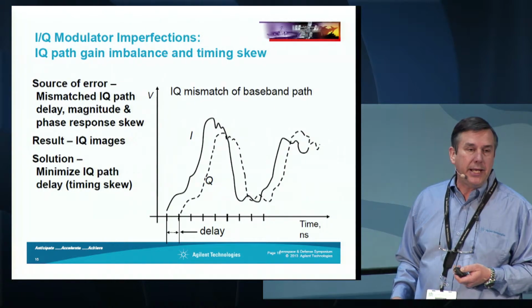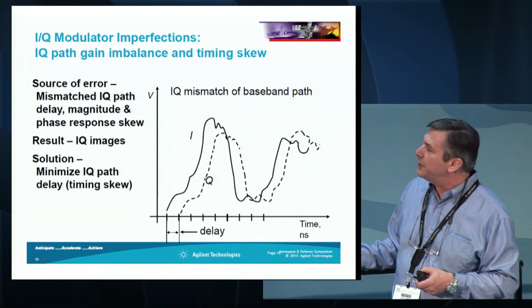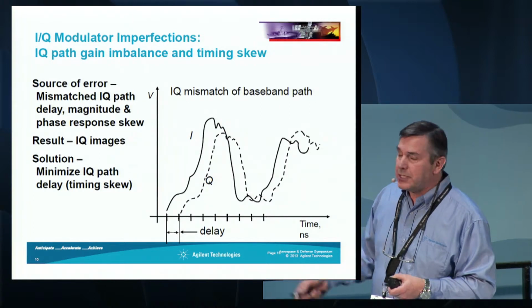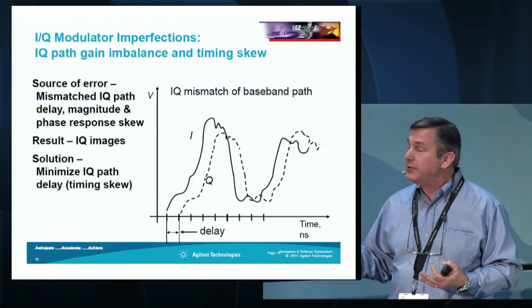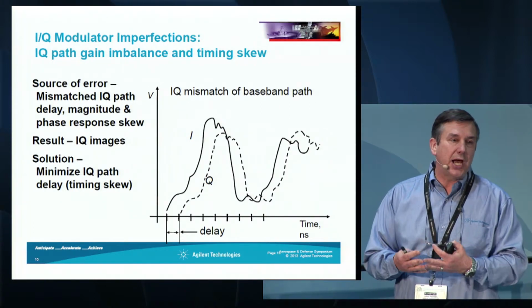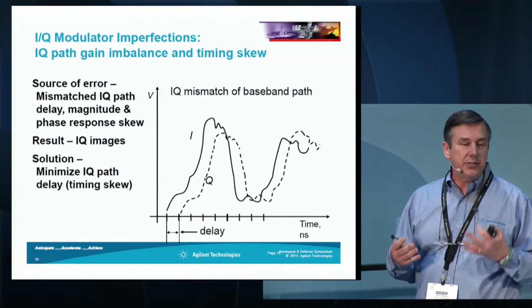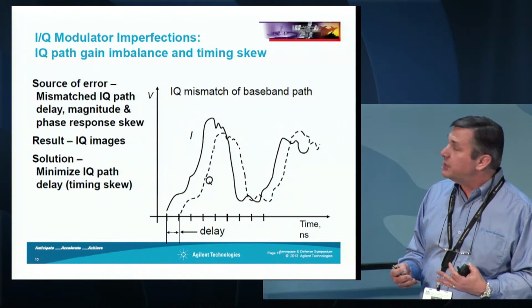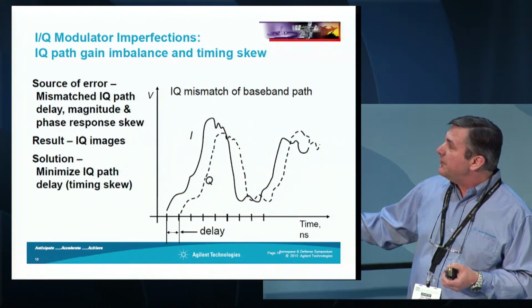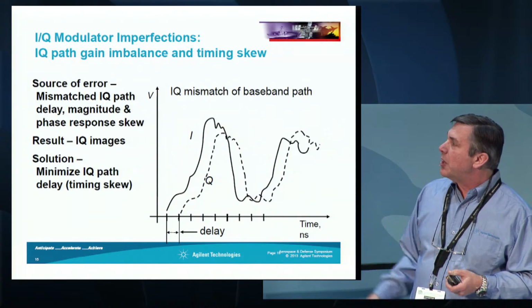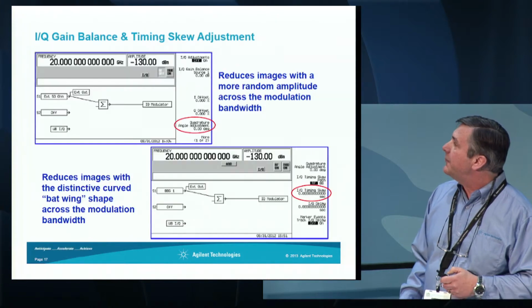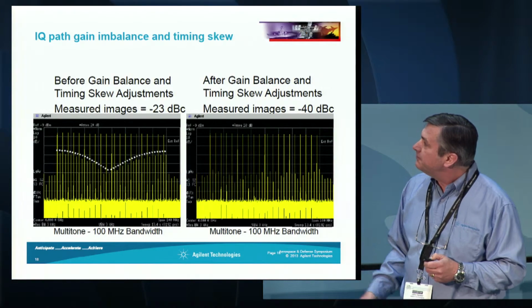One may have more gain or loss within the path than the other. So this is something that signal generator manufacturers take very seriously when they design and lay out their signal generator in order to make sure those paths, the I and the Q path, are identical. But if they're not, you're resulting in what's called IQ images, and I think I have a picture of that here.